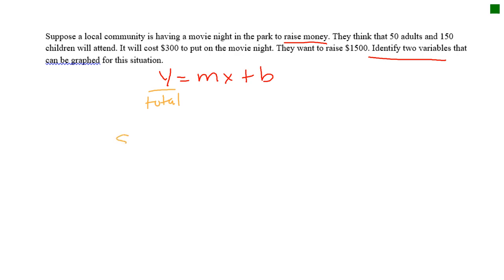All right, they want to raise 1,500. That's their goal. They know that they're gonna have to put 300 just for the movie night. It's gonna cost 300 just for the movie night. I also know that I have 50 adults and 150 children attending the movie night.